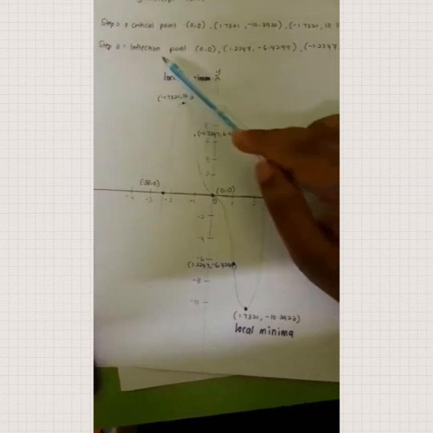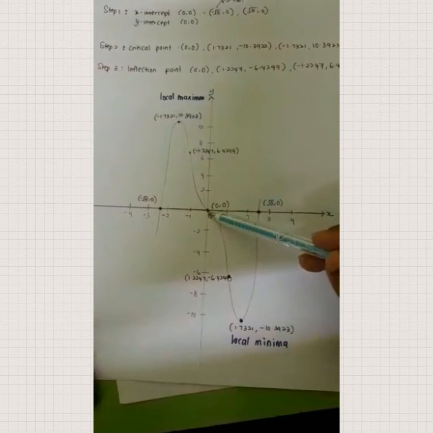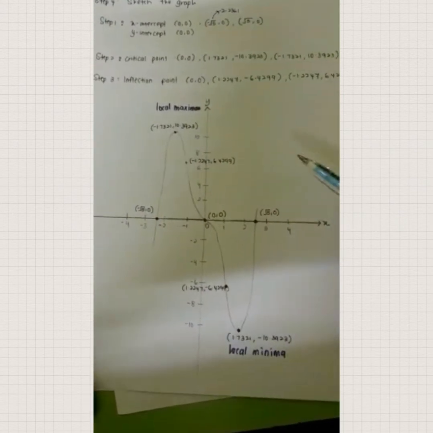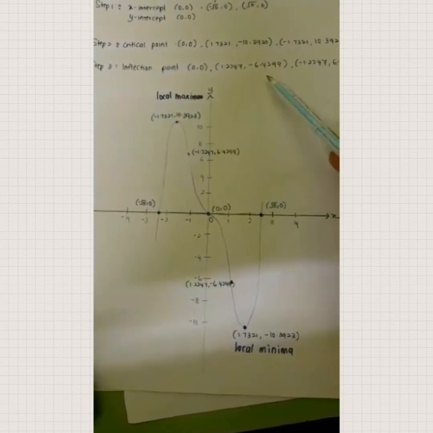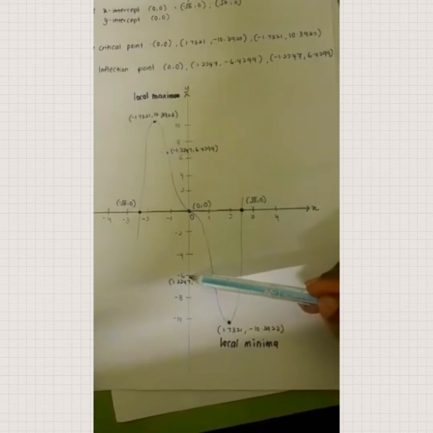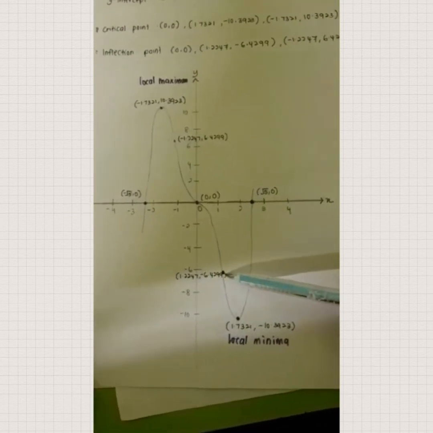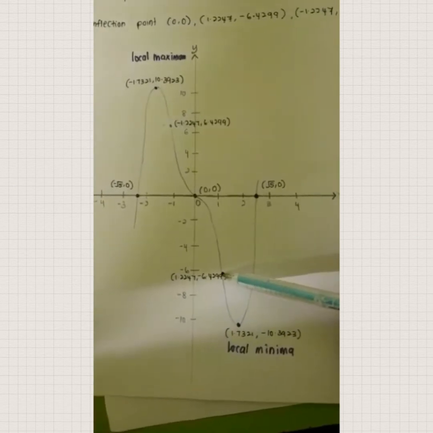Then the inflection points: 0, 0, and then 1.2247, negative 6.4299, somewhere here. Here is the point I have plotted.